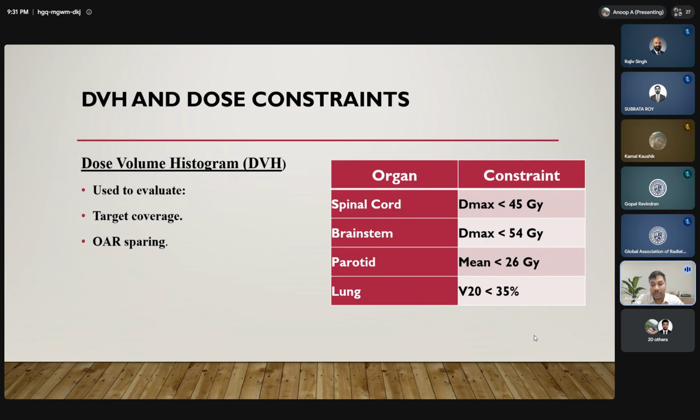What are dose constraints? During the inverse planning process, for example IMRT and VMAT, the optimization software relies on dose constraints as strict mathematical boundaries or cost function targets.